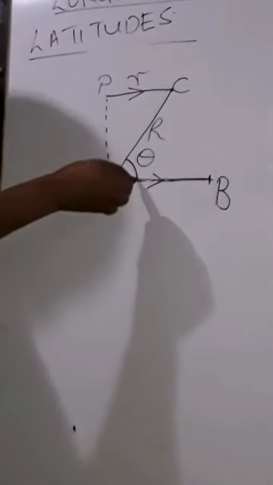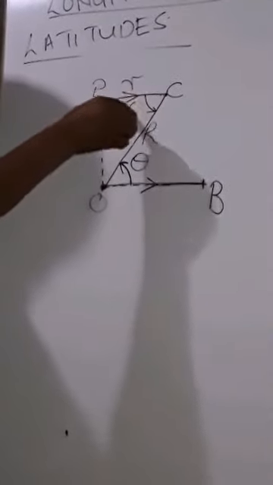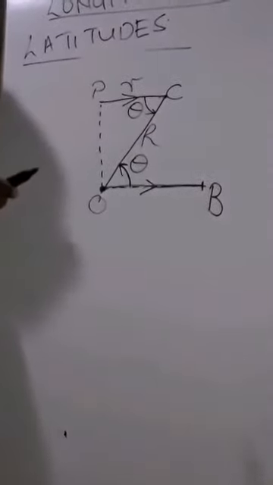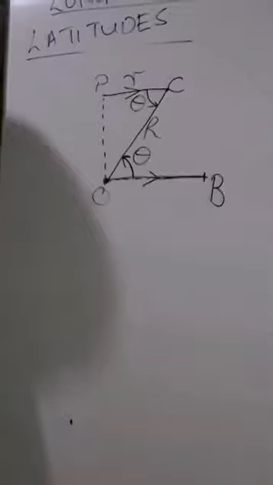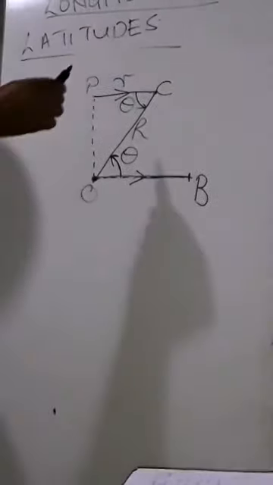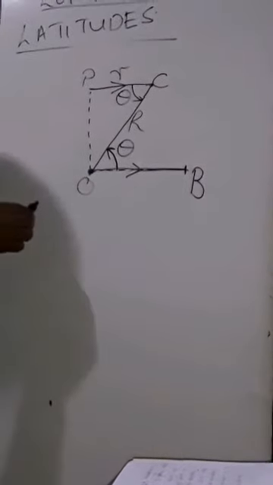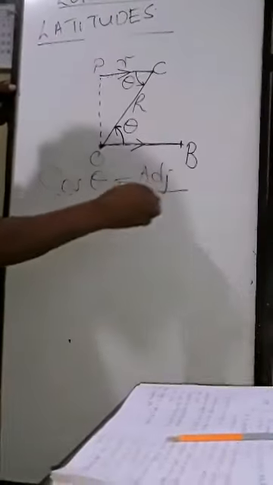That therefore means if this is theta measured from here to here, then even this one is theta because transversal angles are equal. If that be the case, then from trigonometry, cos theta is equal to adjacent over hypotenuse.